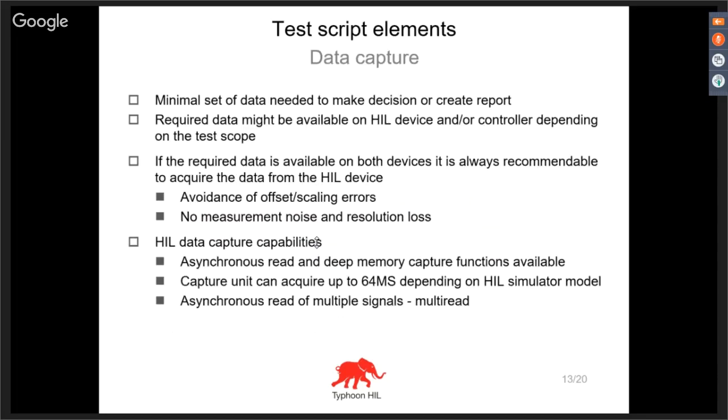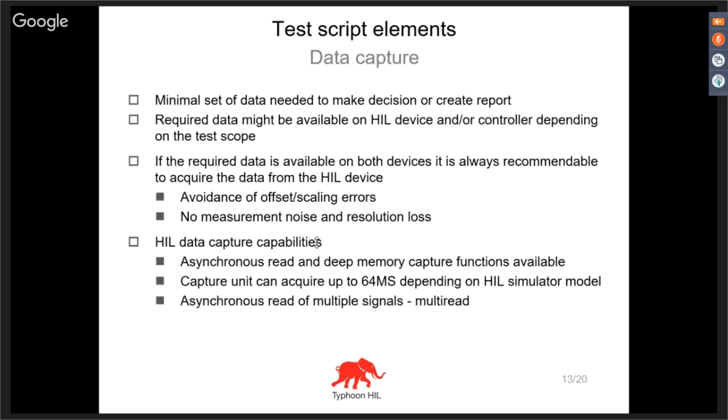Data capture. Well, we always need some minimum set of data in order to make a decision and finally create a report. Now, this data could either be available on the HIL device or the controller, depending on the test scope. A recommendation is that if the data exists on a HIL device or on both devices, you should always go for the HIL device because it has been optimized for avoidance of offset and scaling errors, as well as eliminating measurement noise and resolution loss.